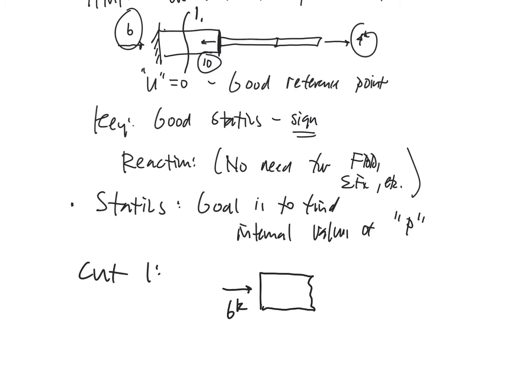And now remember what you learned in your statics class. Anytime you make a cut in an axial section, remember you assume tension. So that would be the bar force in segment number 1. I'm going to use that as an ad hoc designation. So this is equal to the internal bar force in bar number 1.